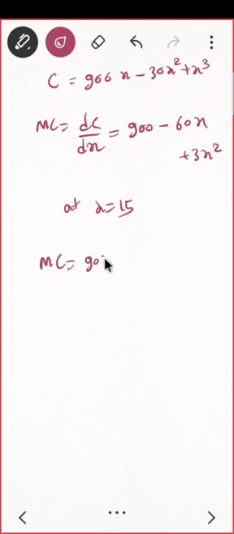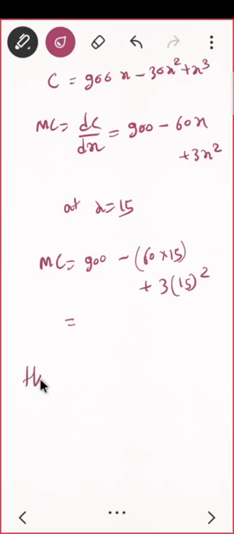It will be 900 minus 60 into 15 plus 3 into 15 का square. Whether you are getting 675 again. Okay, nice.